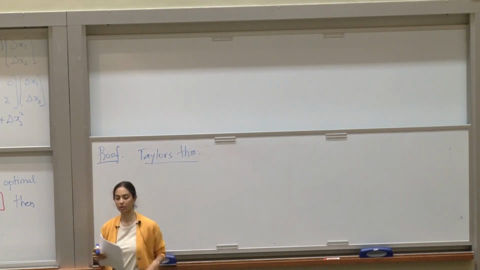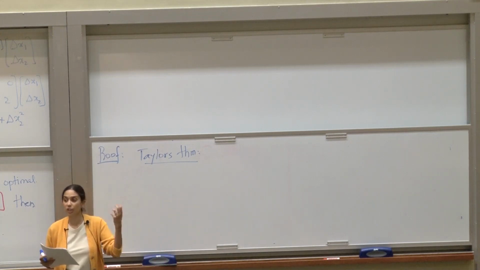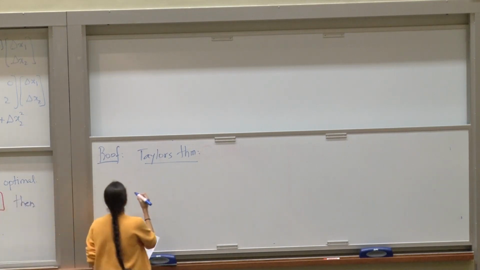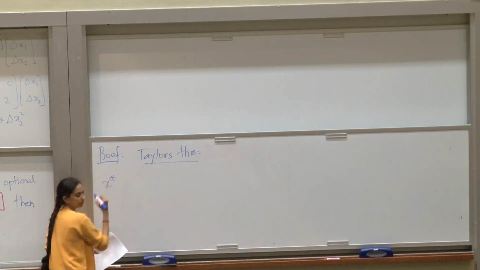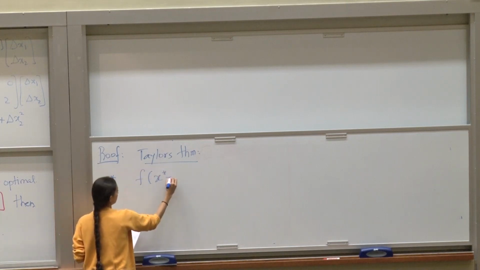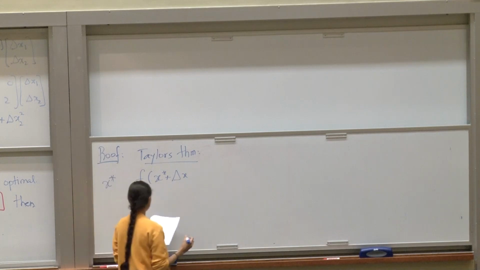And so let's consider the function in the local neighborhood of this point x star. If I know x star is an optimum point, I'm going to consider f of x star plus delta x.